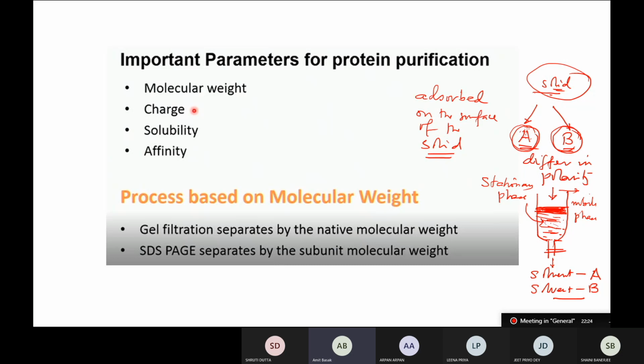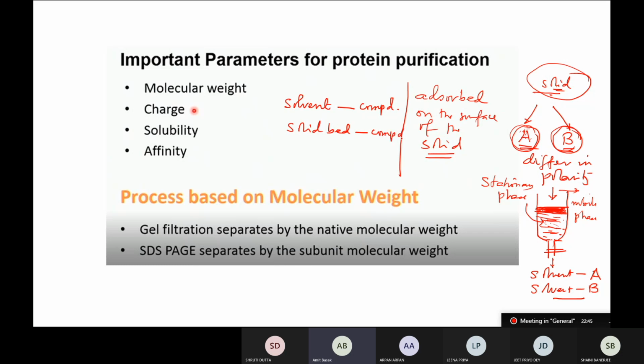So basically there are two forces acting. One is between the solvent and the compound, and the other is between the solid bed and the compound.